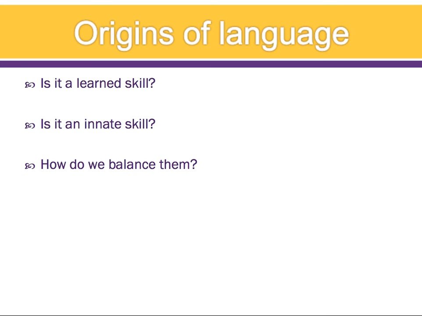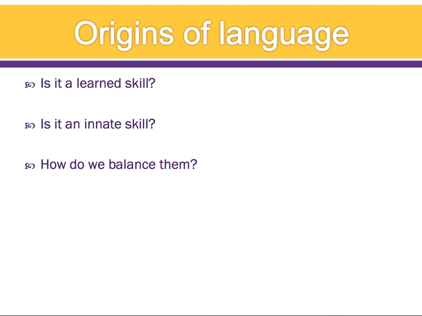Now, this is supported by genes that are actually related to speech production, and also infants' brains process language with similar structures that adults do. So our brain really does seem to be pre-wired to be able to learn language.